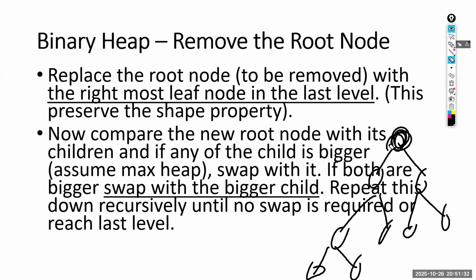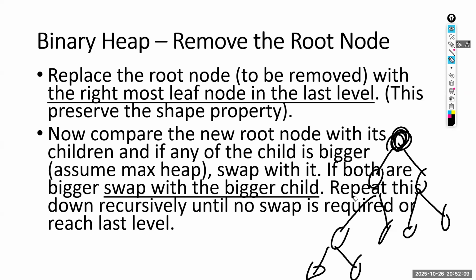Therefore, you need to do the swapping and take it down until your heap property is preserved, to the correct level. Then you are done. Now it's again a heap with shape property and heap property preserved. And this is how you do it. You keep taking from the root like this.